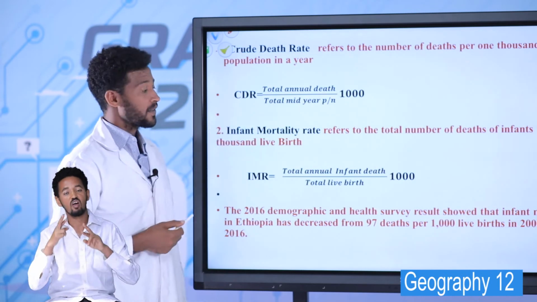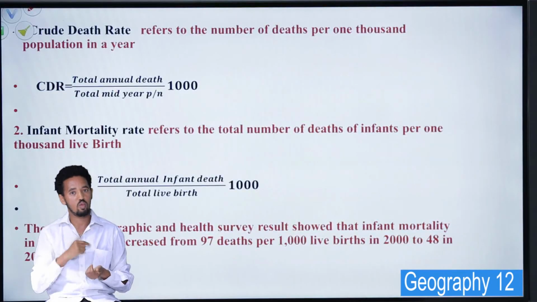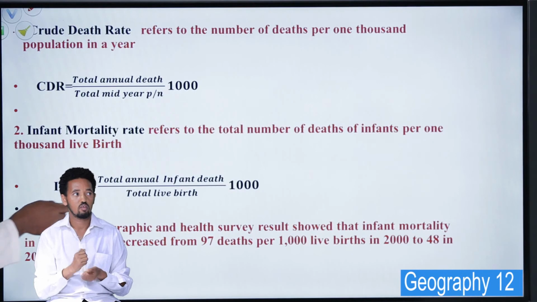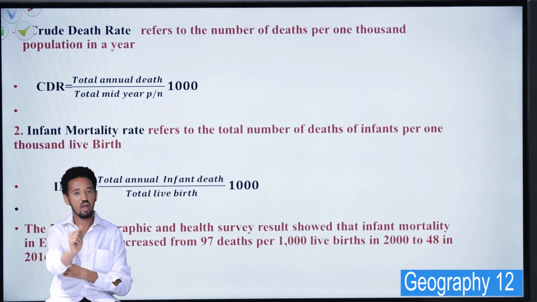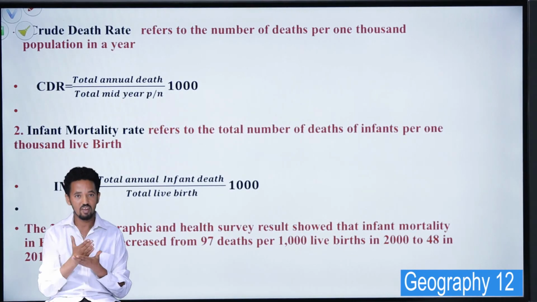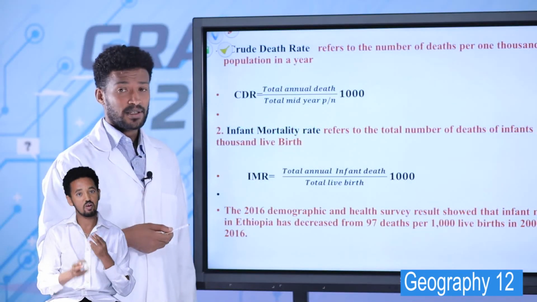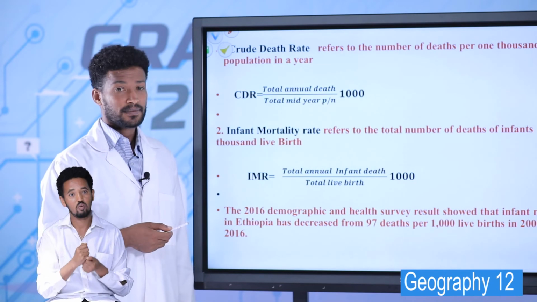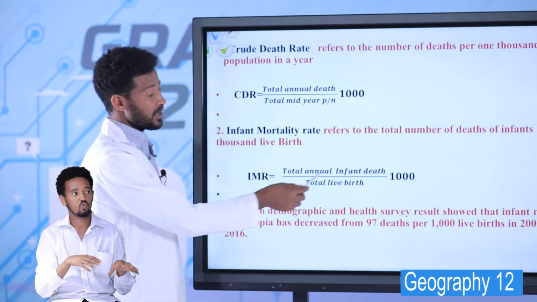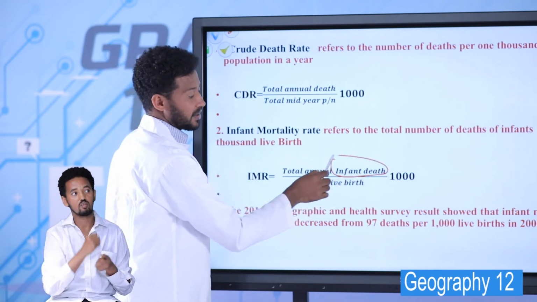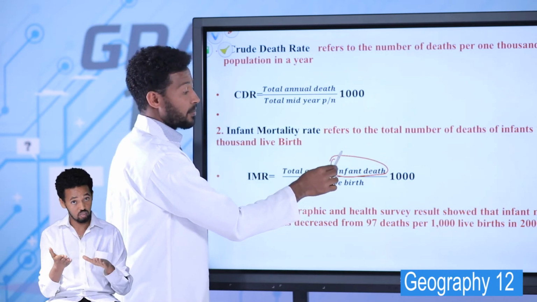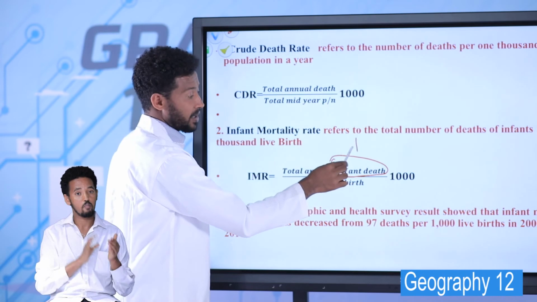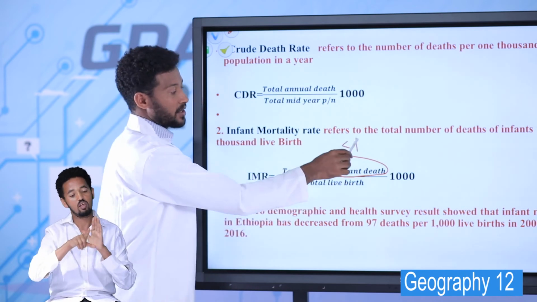How do we calculate infant mortality rate? Infant mortality rate is calculated by total annual infant deaths divided by total live births, times 1000. Students, as you know, infant implies births which are less than 1 year.